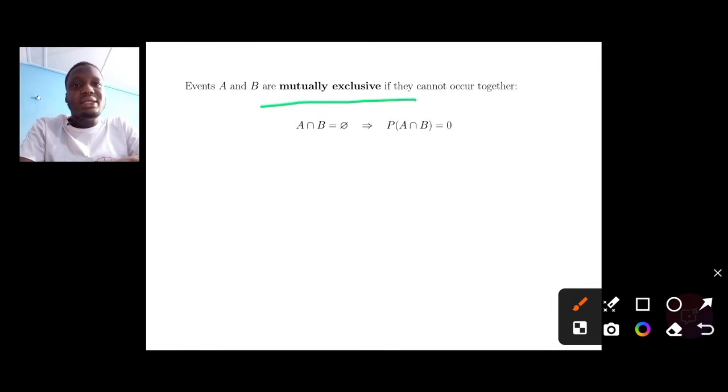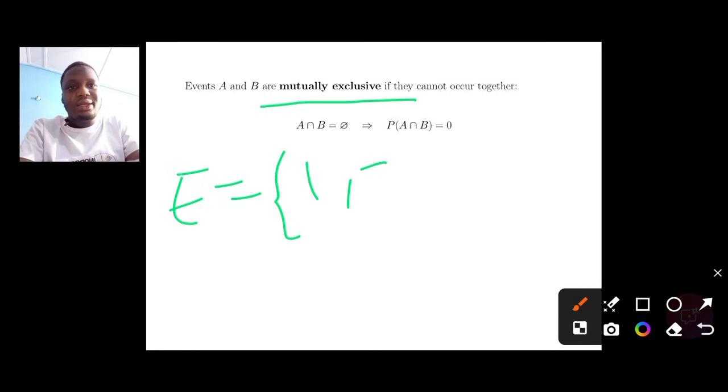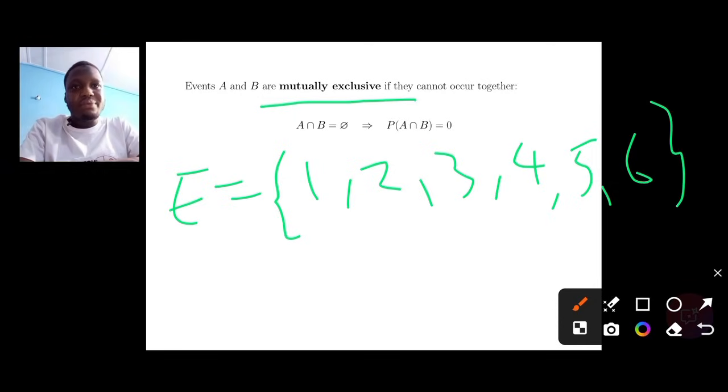And I mentioned to you that mutually exclusive events do not happen at the same time, or they cannot occur together. When we were talking about events and we listed some outcomes, I told you that for it to be an experiment, the outcomes should be mutually exclusive.